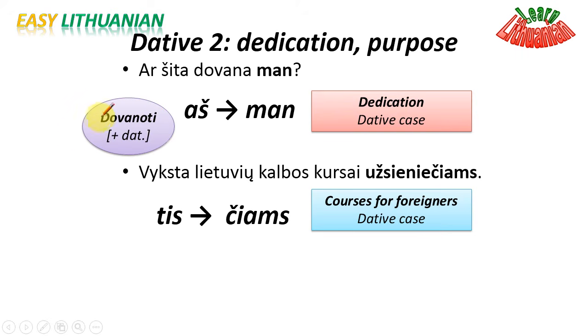Padovanoti telefoną, to give a phone as a gift. So with this verb you have to use dative case, and with the dedication, because the present or the gift is dedicated for me, man, you have to use dative case. Dovana man, a present or a gift for me. So ar šita dovana man?